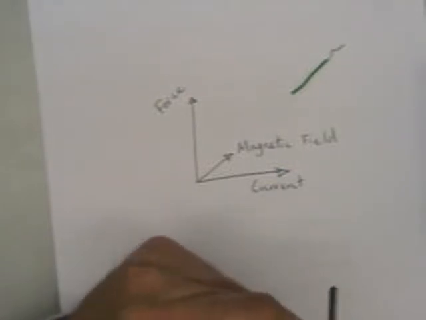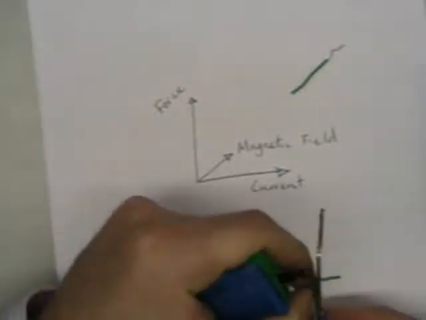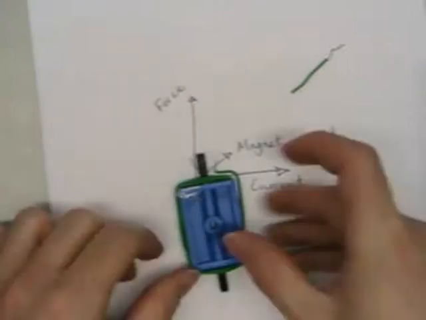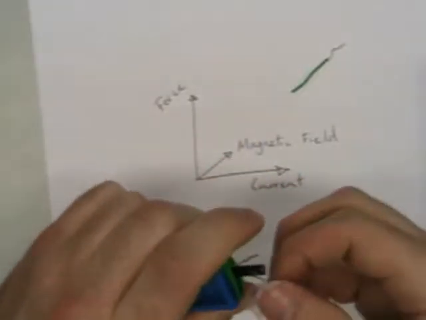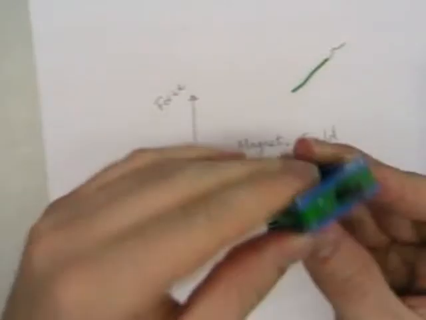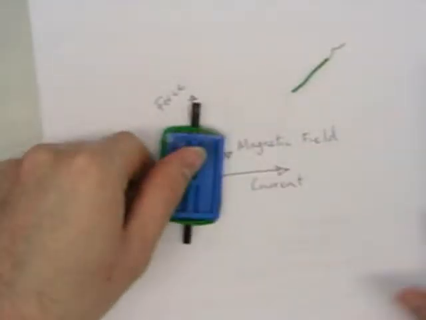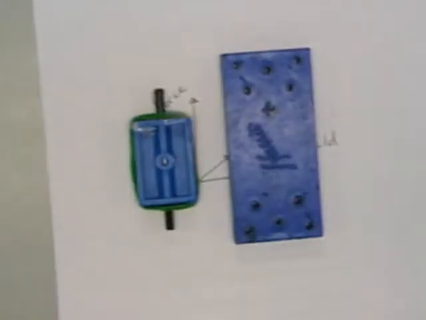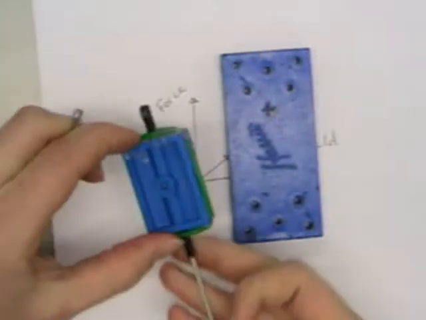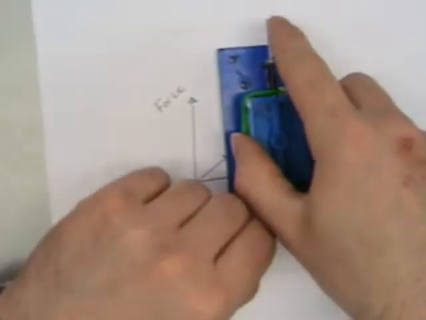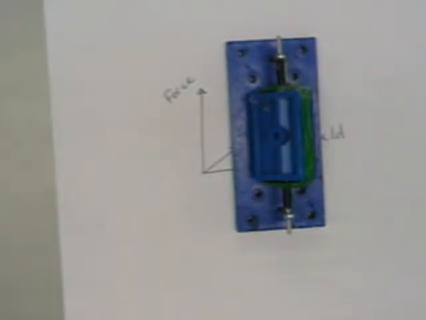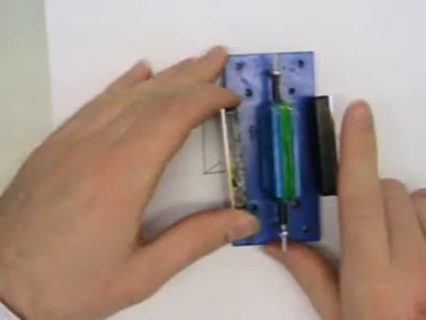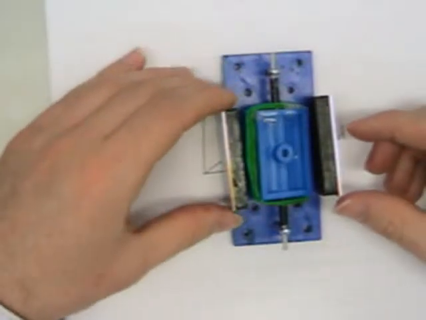Strip that last little piece of wire. And that's the block and the solenoid already. Then what I need is my magnetic field, and the motor is actually made already.